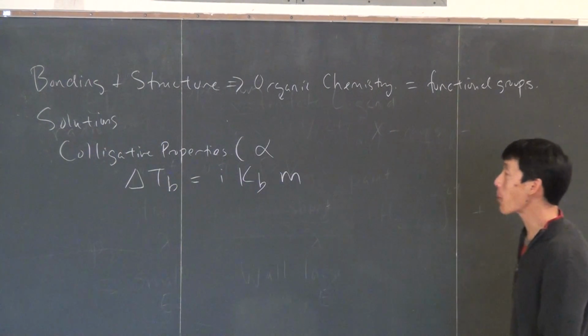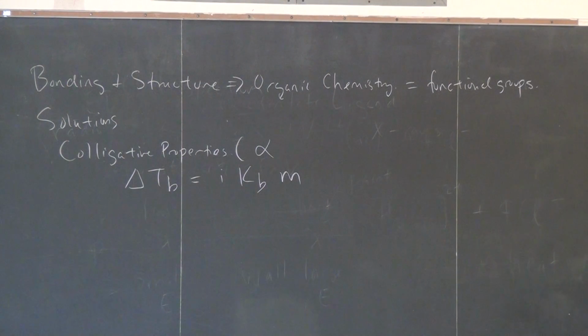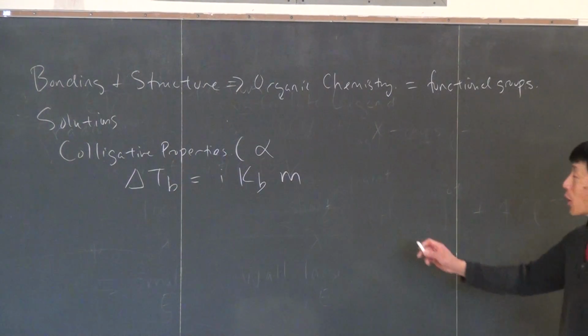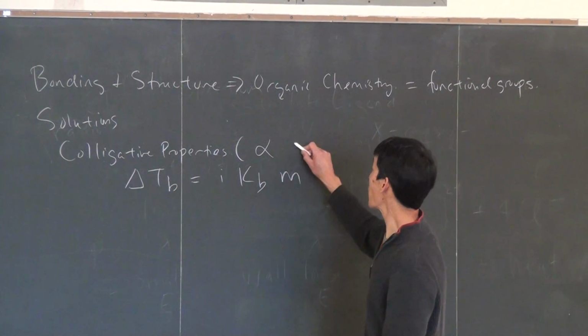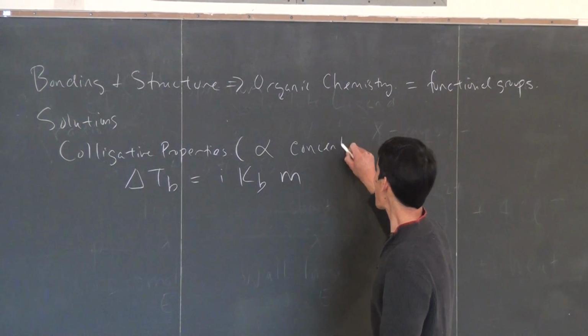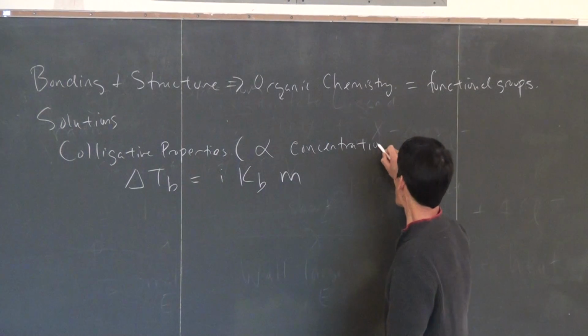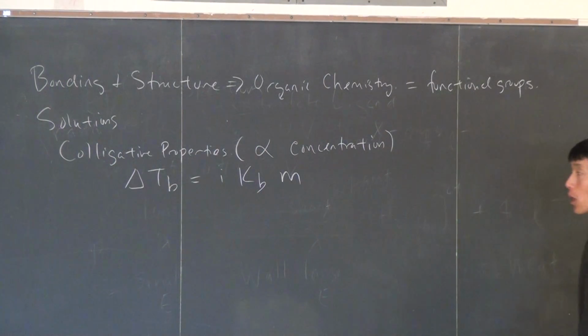Each colligative property is directly proportional to, well, not necessarily the number of particles. m isn't mass. Note that it's proportional to the concentration. So the higher the concentration, the larger the boiling point elevation or freezing point depression or the osmotic pressure and so on.